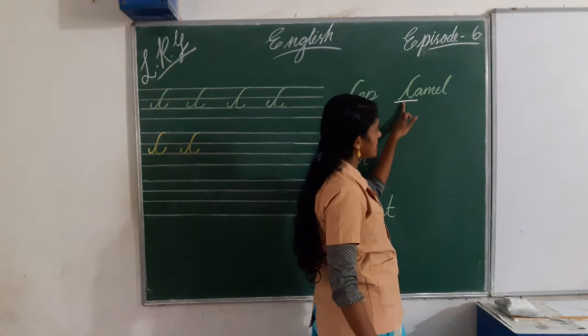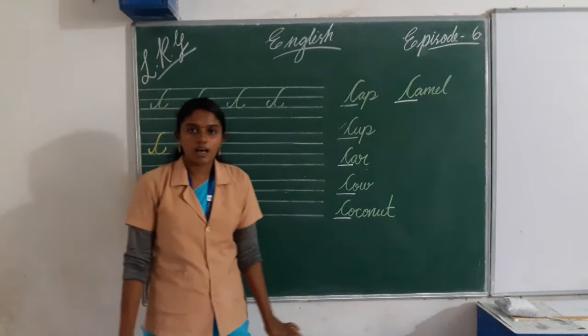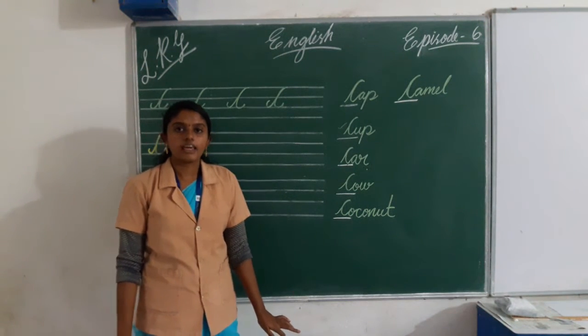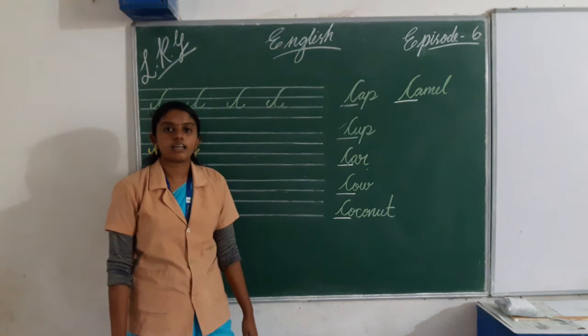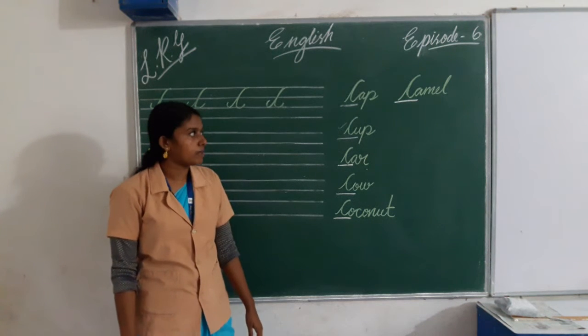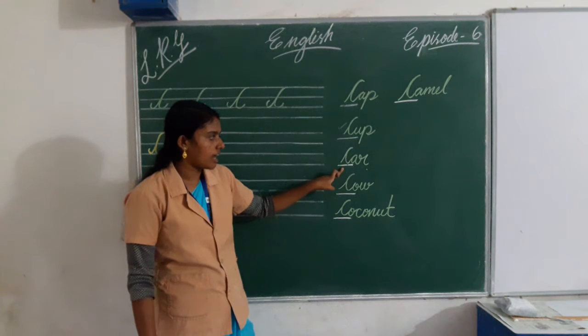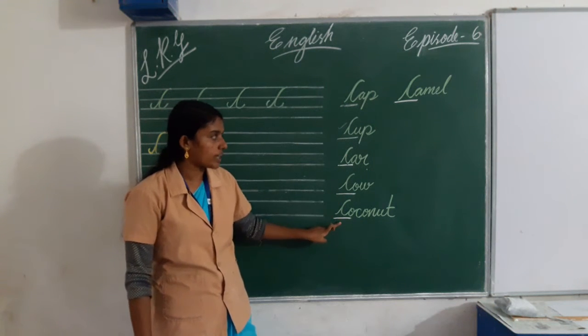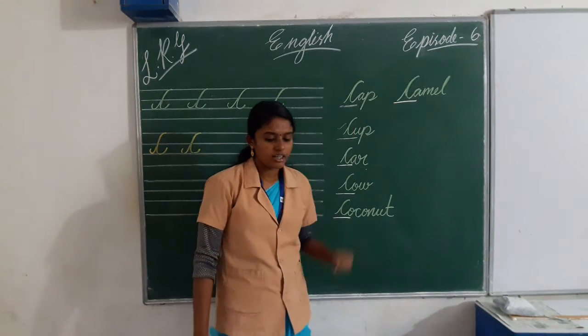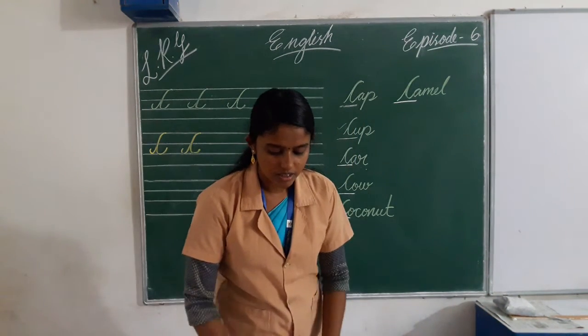Which letter is that? C. Camel. C-A-M-E-L. Camel. Say camel. Once again, cap, cup, car, cow, coconut, camel. Next, last word.